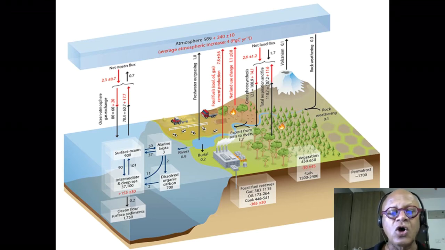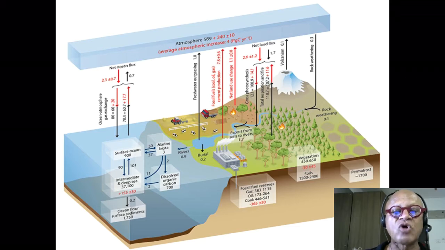So you have ocean floor surface sediments with 1750 petagrams with a flux of 0.2 petagrams per meter squared per year from the surface ocean into the intermediate and deep seas. You can see the intermediate and deep seas have a massive reservoir of 37,100 petagrams.